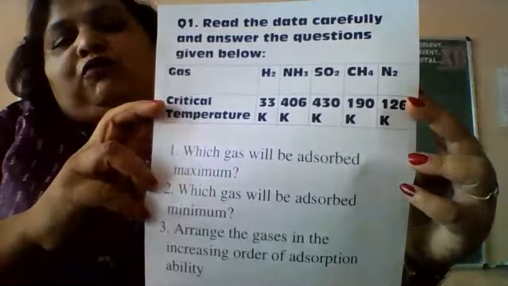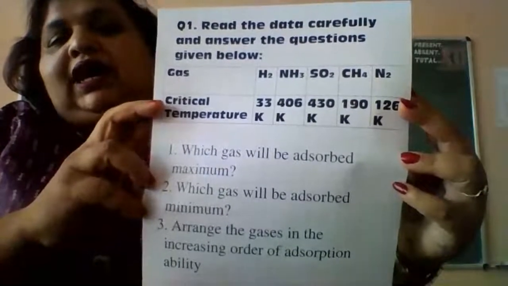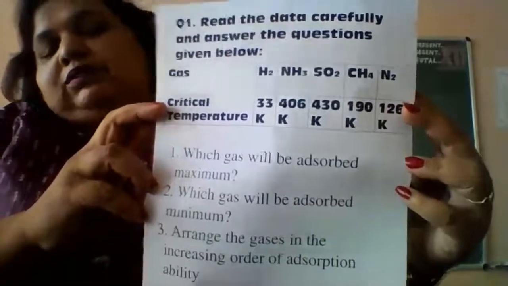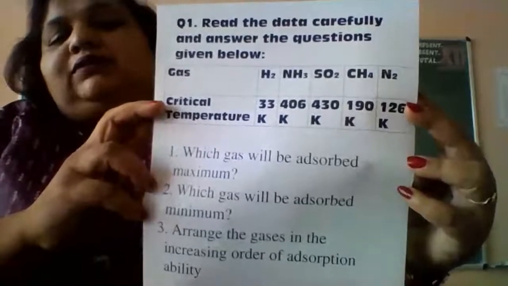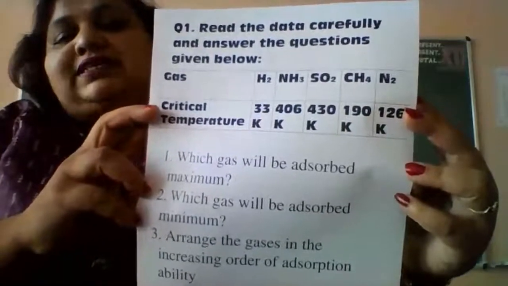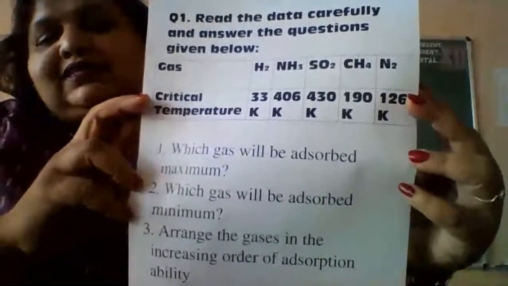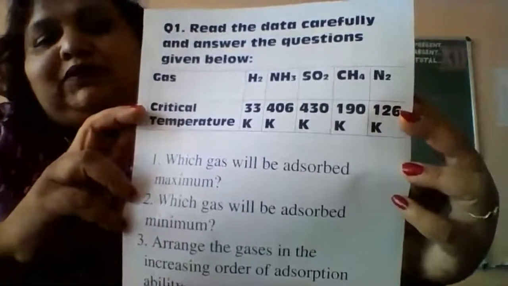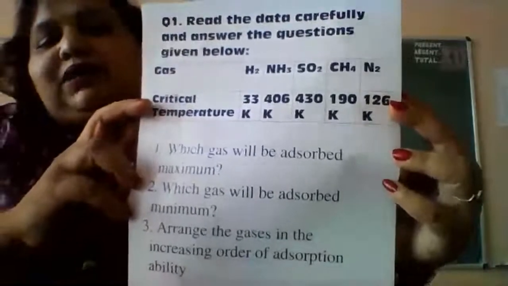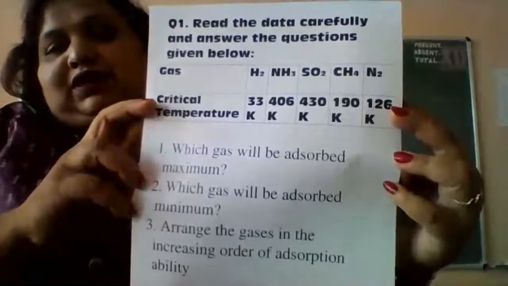The names of gases are written over here, and then in the second row, the critical temperature of these gases is given. Can all of you see this? Is it visible to all of you? And the temperature is given in Kelvin.